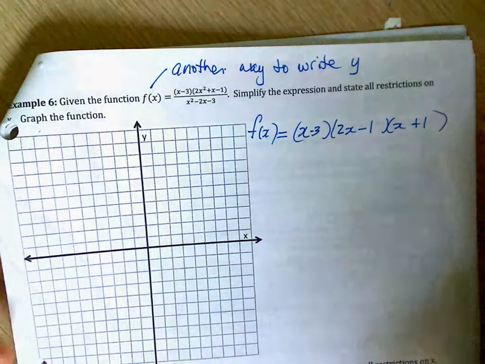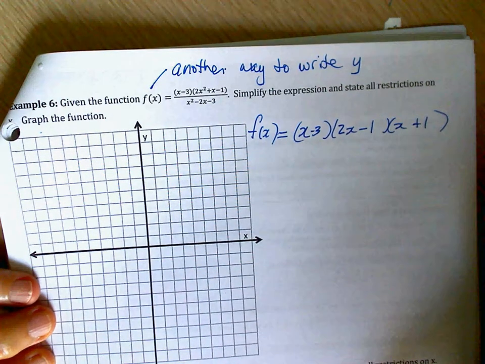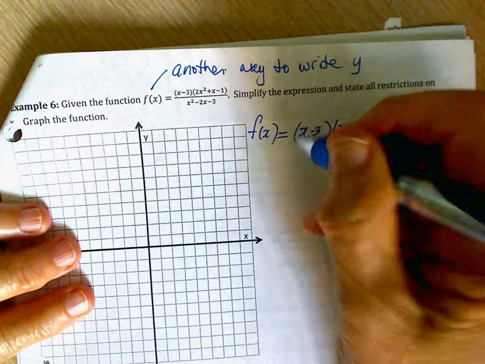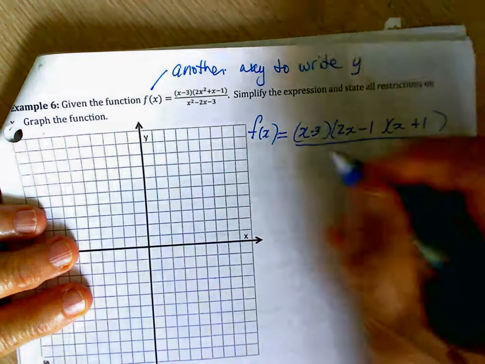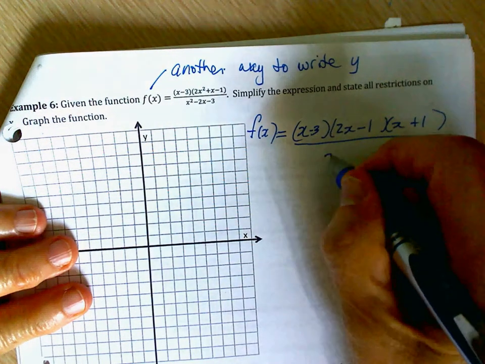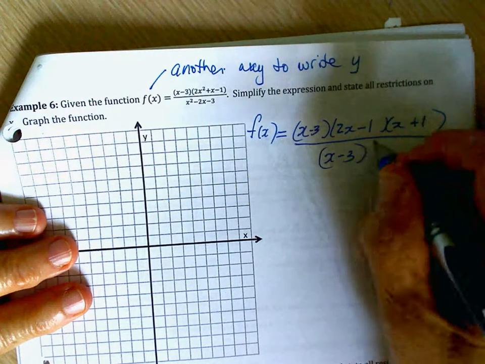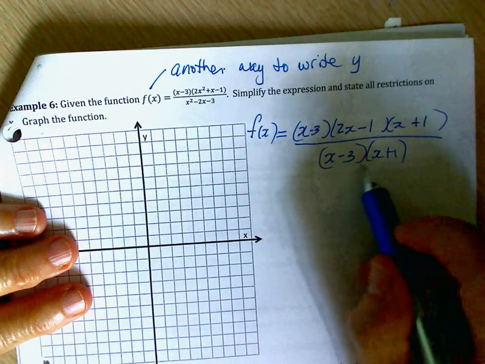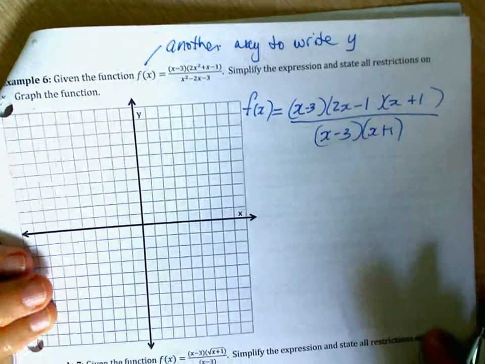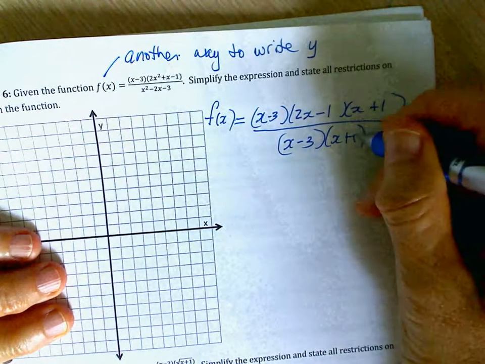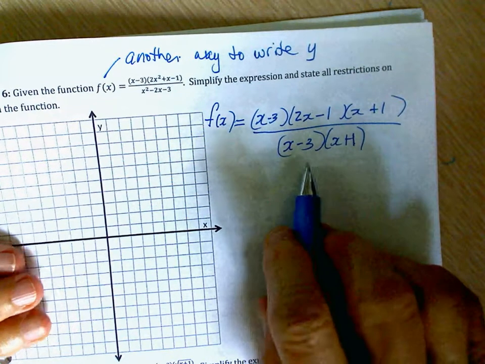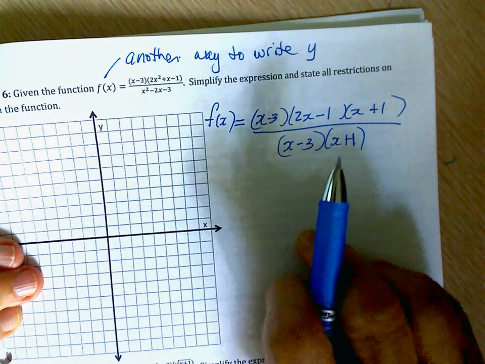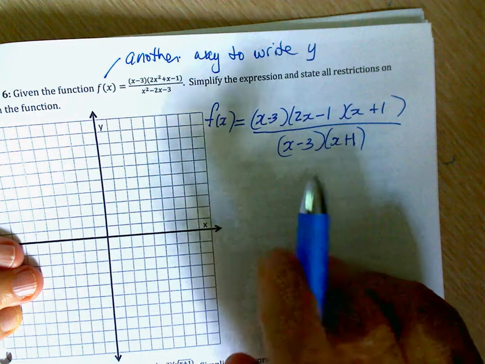And the bottom we have x minus 3, x plus 1, which is x squared minus 2x minus 3. Looking at this equation, how many holes are we going to have in the graph? You're going to have 2 holes, exactly. 2 restrictions, 2 holes. So let's divide it out.